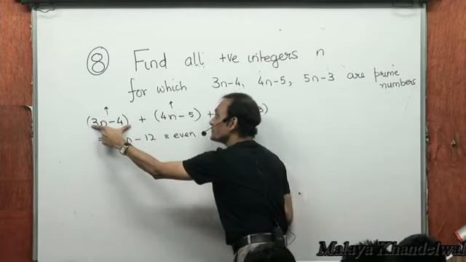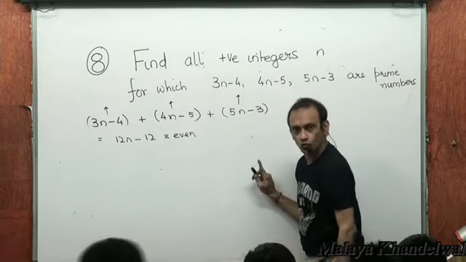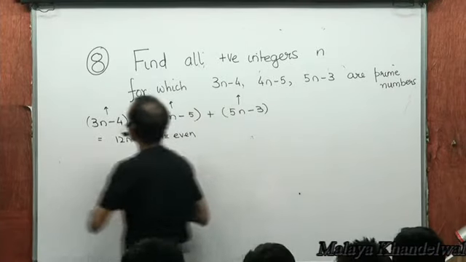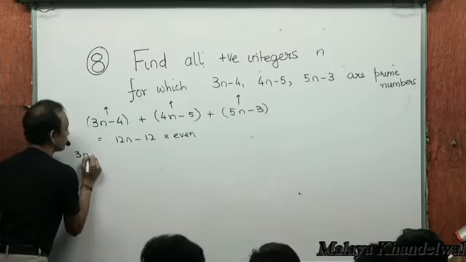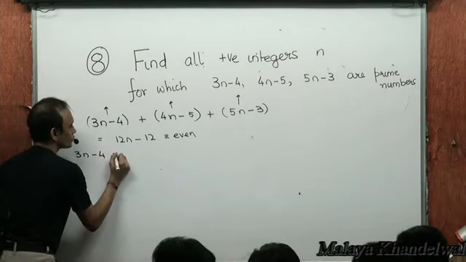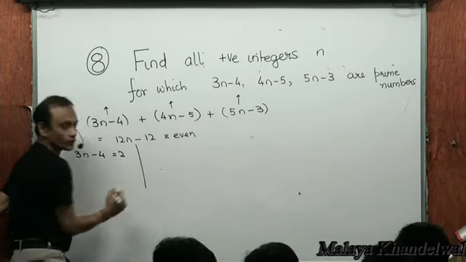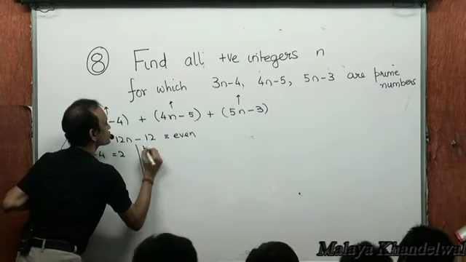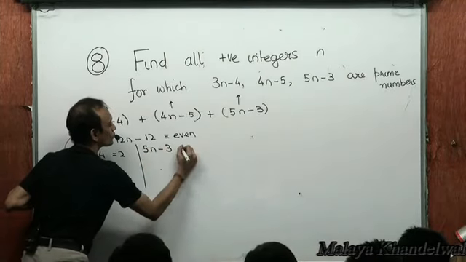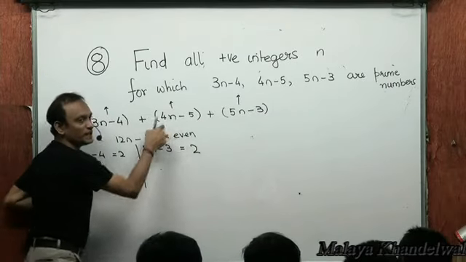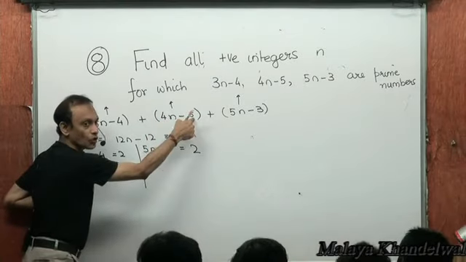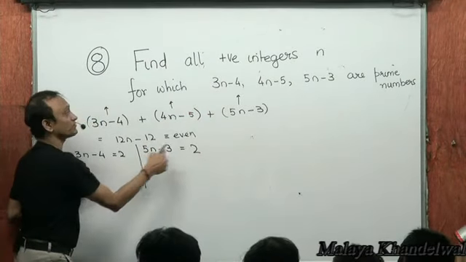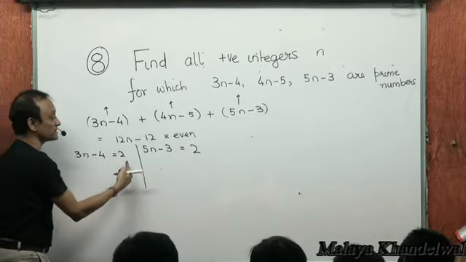That means either this must be 2 or this must be 2. Yes or no? That means either 3n minus 4 must be 2, or 5n minus 3 is 2.